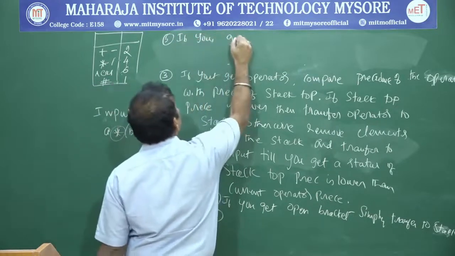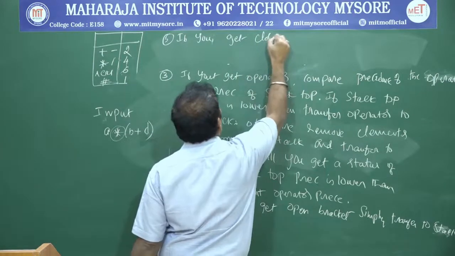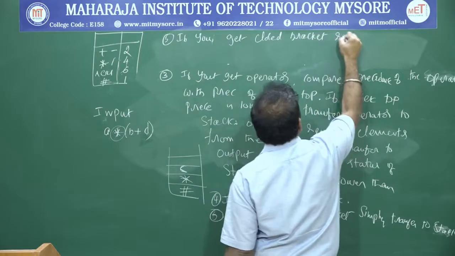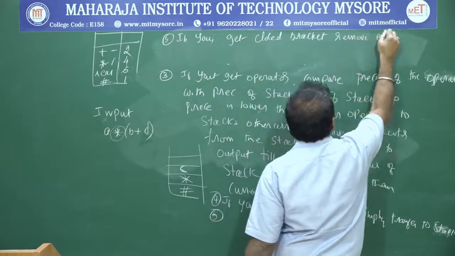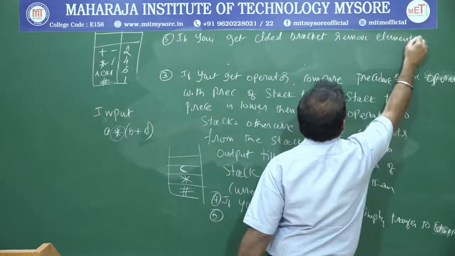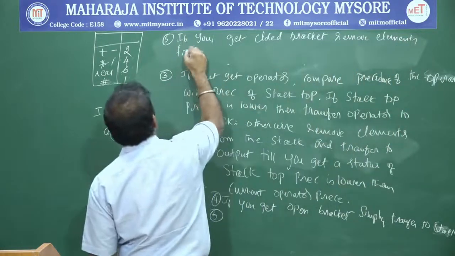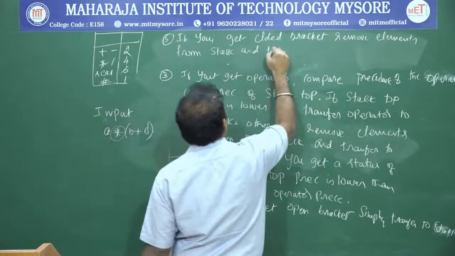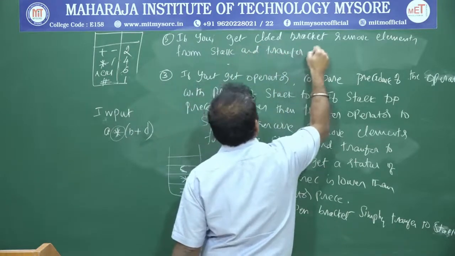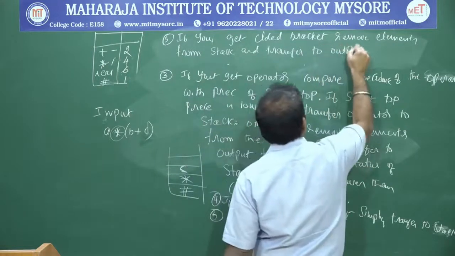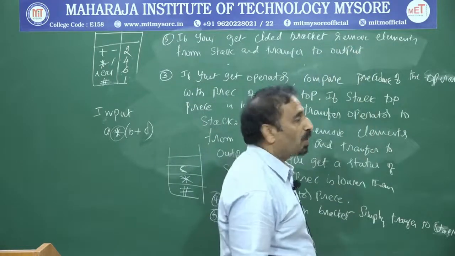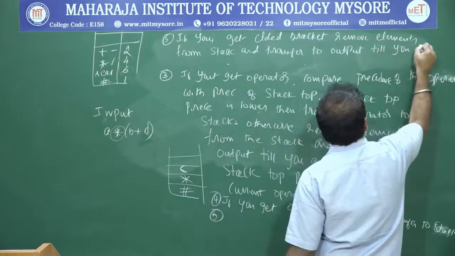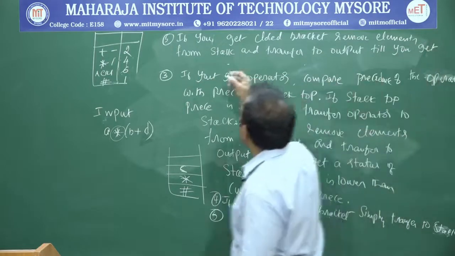If you get closed bracket, remove elements from stack and transfer to output till you get open bracket.